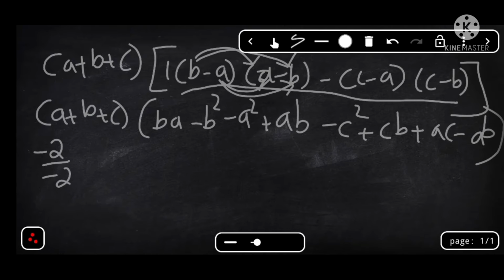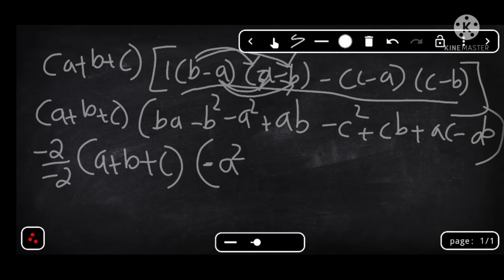So we are going to make it into a different form. Now we can just rearrange it as minus a square minus b square minus c square plus ba plus ab.